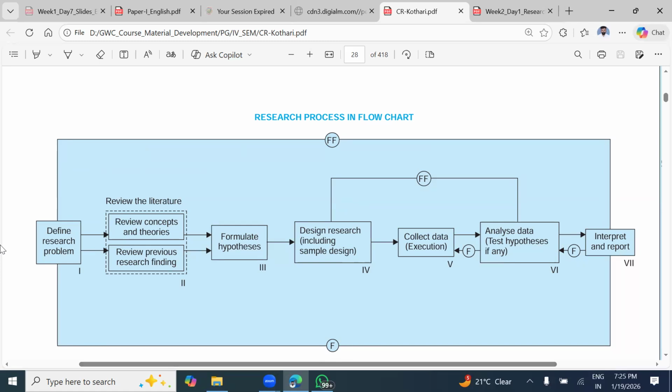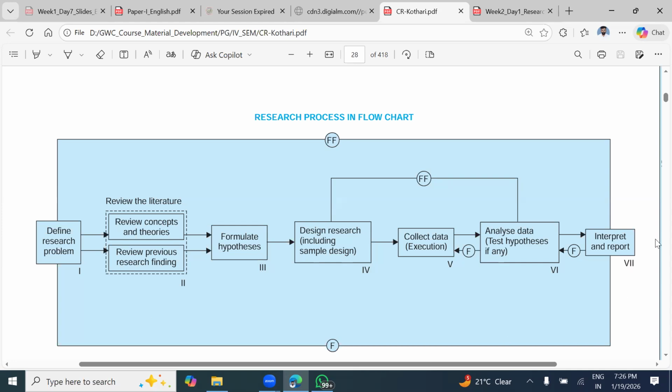Means from where you will come to know? From the previous. First you will go to the theories. Then you will go to the research papers. Then you will formulate hypothesis and then design research, means you will include how you are going to do the sampling design. Based on that, you are going to collect the data, that is the execution part, then analyze the data. In analyzing the data, it is like you are testing the hypothesis, then interpret and report.